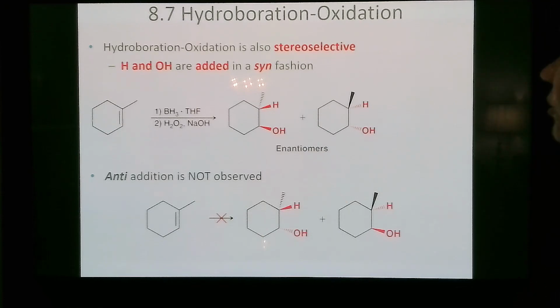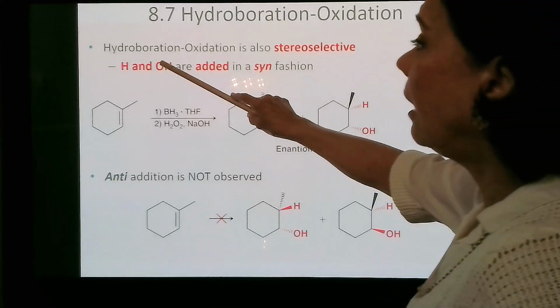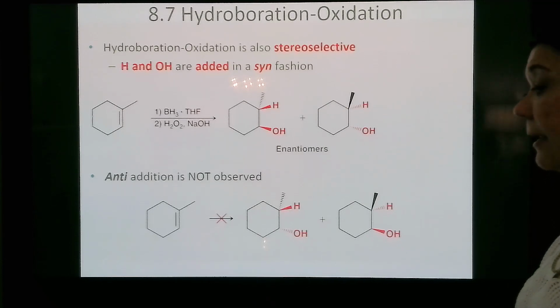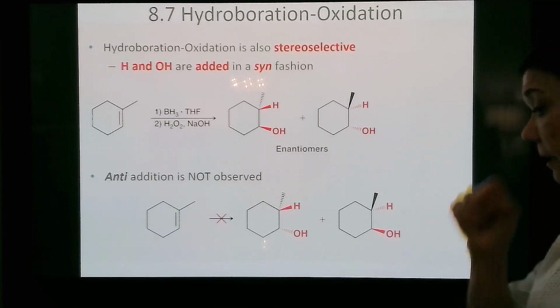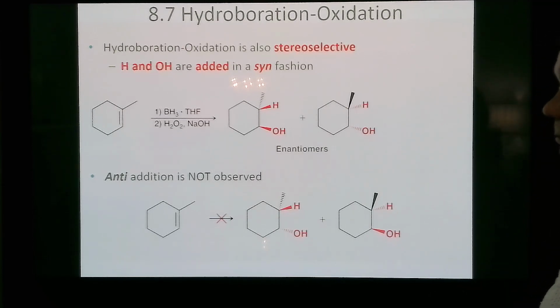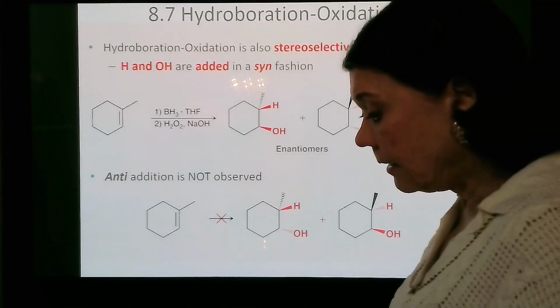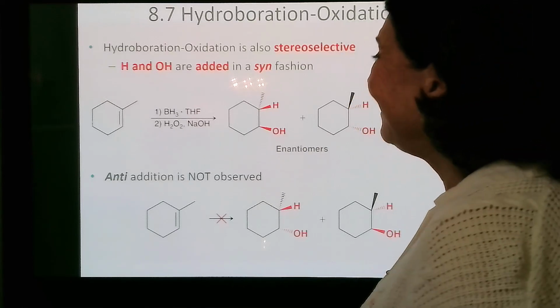So let's look at this. This is stereoselective. Hydrogen and OH are added in a syn fashion. Now that's a very simple statement, but it's more complicated than that.